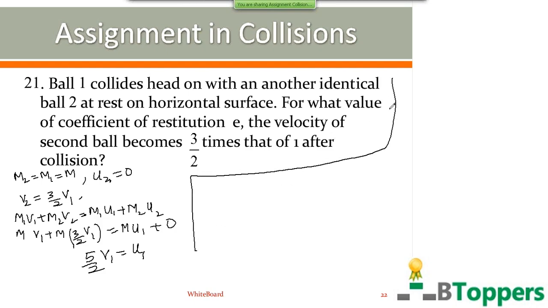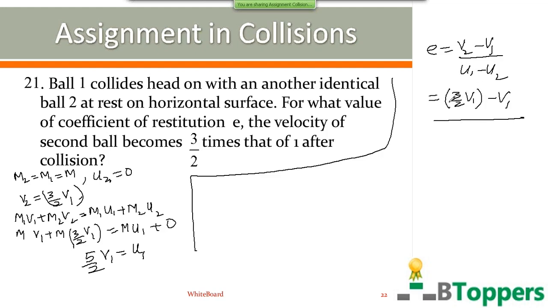So the coefficient of restitution E is given by (V2 minus V1) by (U1 minus U2). You can substitute V2 equal to 3 by 2 times V1 in the numerator.